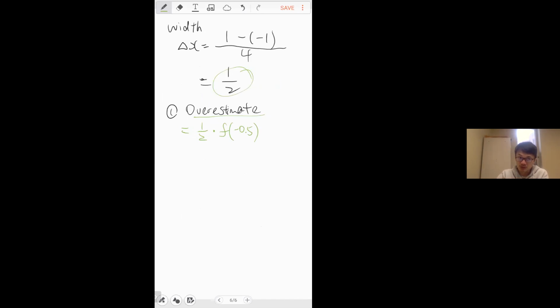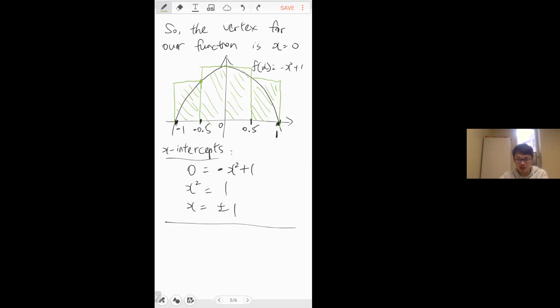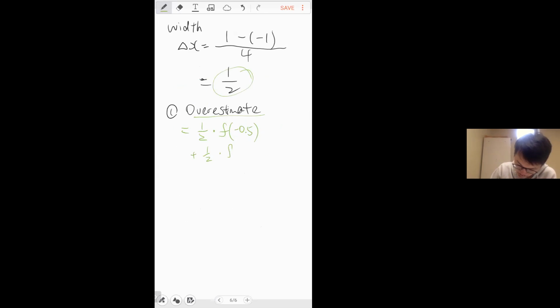That's the area of the first rectangle. And the second rectangle, again, the width is always 1/2, multiplied by the height. And for the second rectangle, I'm using the 0 point because 0 is higher here. So you plug 0 into the function to get the height of the second rectangle.